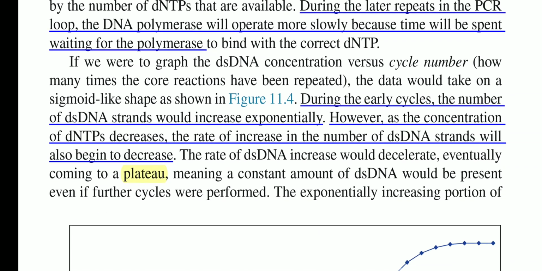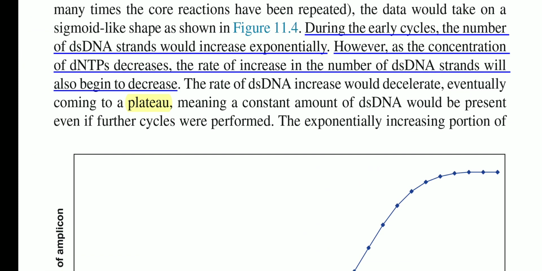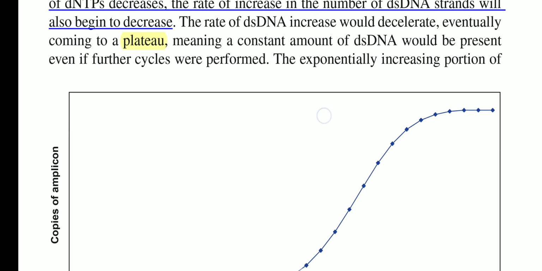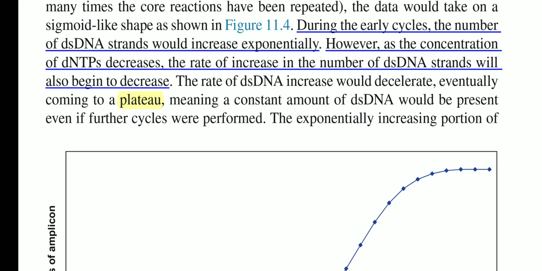Okay, this graph will show it better. This plateau is the stage at which all your dNTP are finished, and there will be no further copies of your amplicon. During early cycles the number of DNA strands increases exponentially. However, as the concentration of dNTP decreases, the rate of increase in the number of strands also decreases.